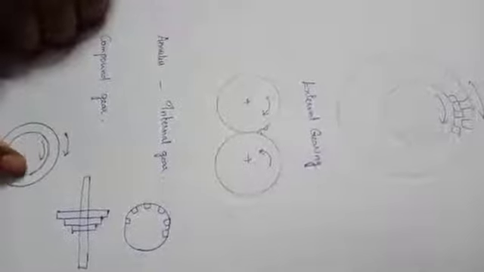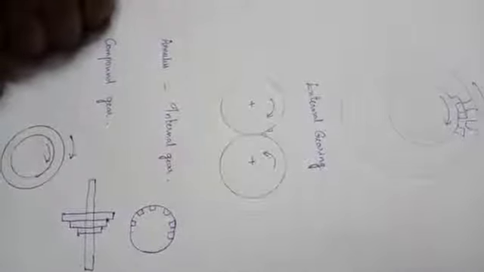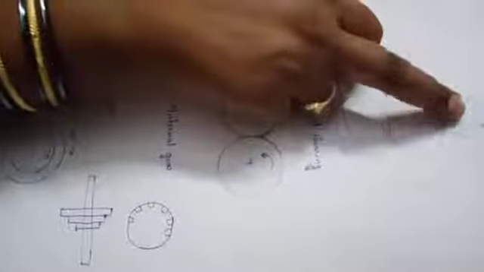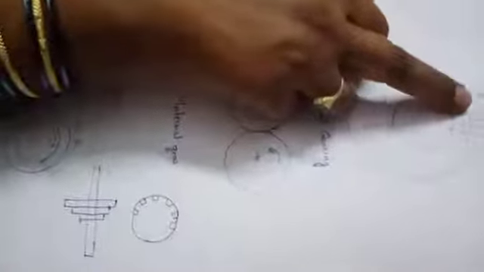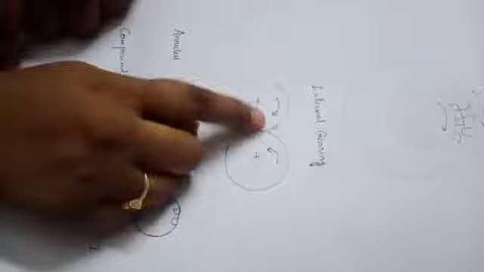While drawing 2 concentric circles, gear 1 and gear 2, both will rotate in the same direction, they do not rotate in opposite directions. So in internal gearing, one external gear and one internal gear mesh and rotate in the same direction. In external gearing, both are external gears and rotate in opposite directions.